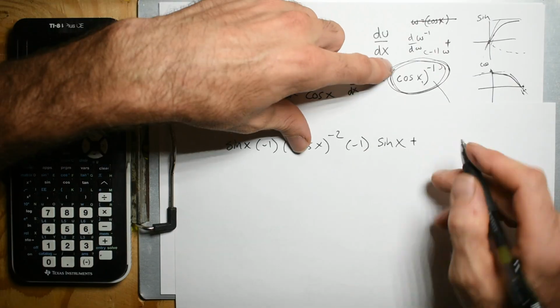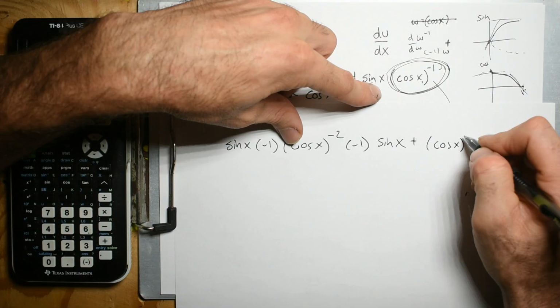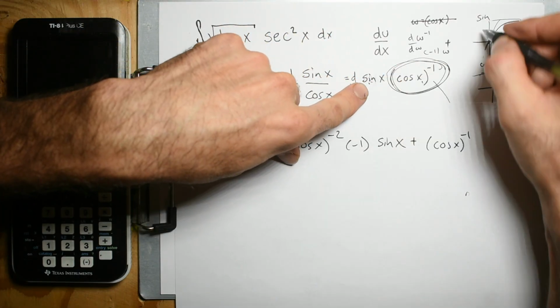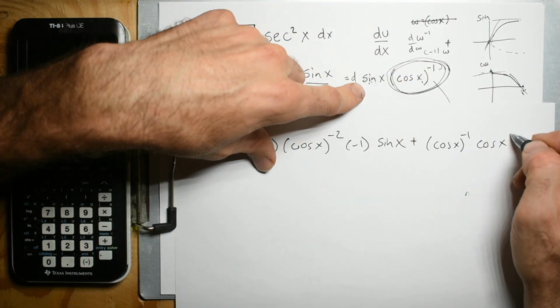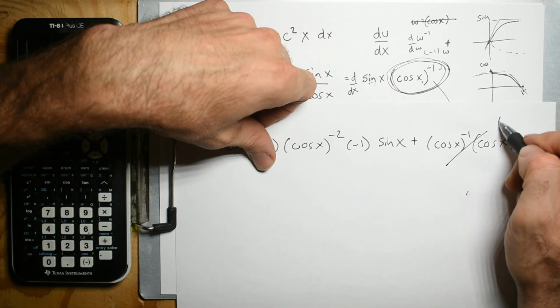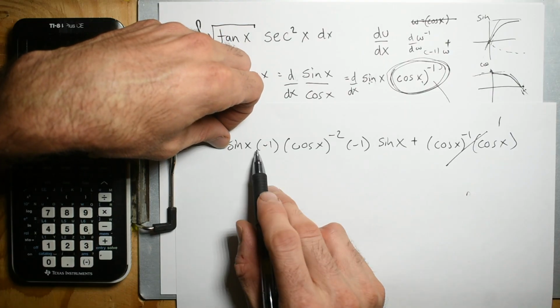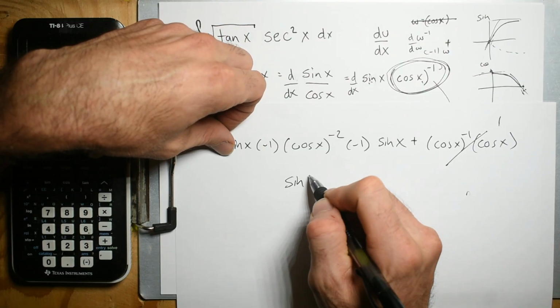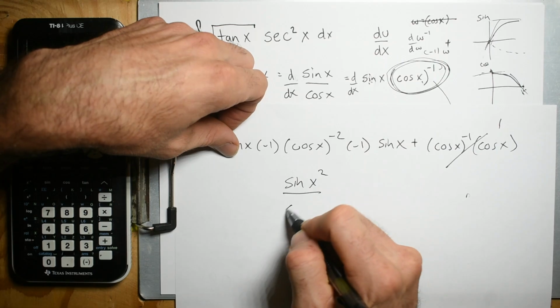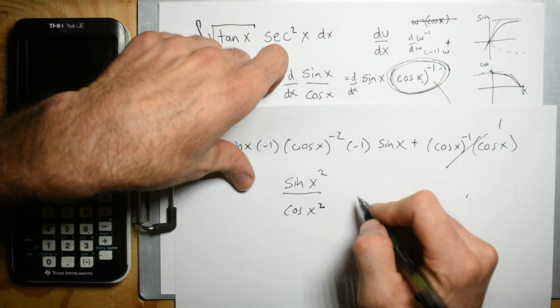Plus the second times the derivative of the first, which is cosine. So this term becomes 1, and then this becomes sine x squared divided by cosine x squared. Oh yeah, so it is.